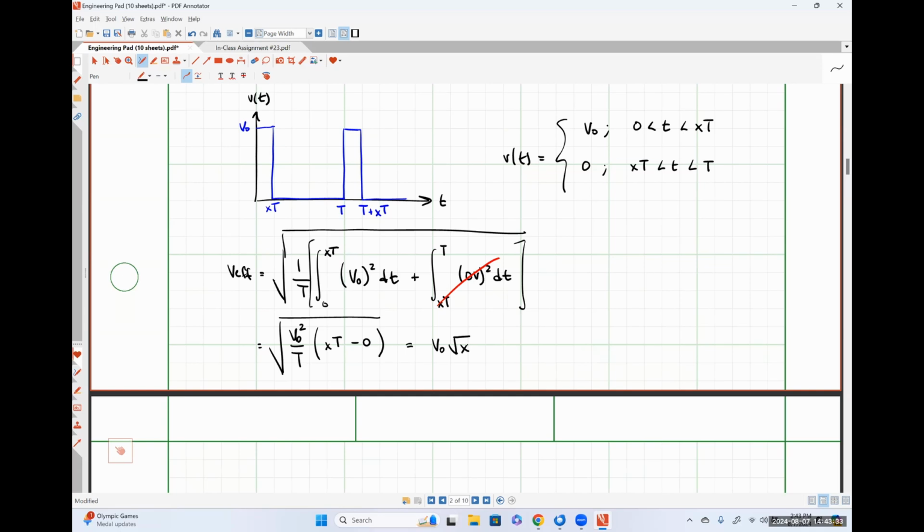So the effective value of a series of rectangular pulses is highly dependent on whatever the duty cycle is for those rectangular pulses, which absolutely makes sense. The longer that our signal stays high, the larger our effective value should be.